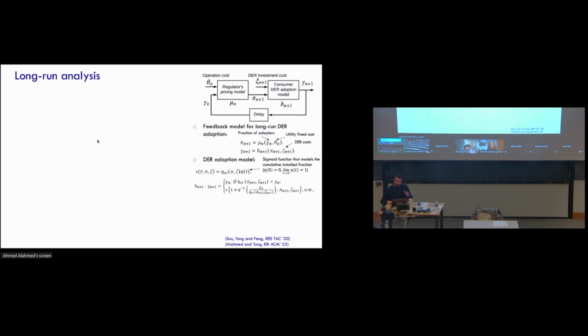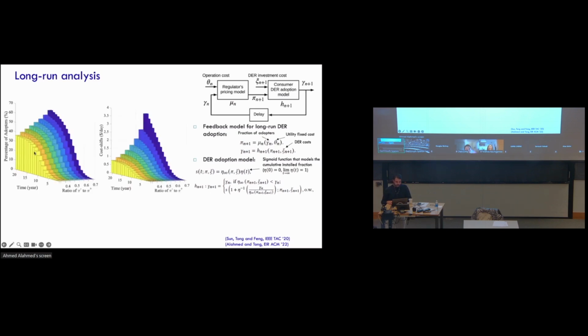So all of what I showed in the previous 2 slides is a short-run analysis. We consider that the tariff is basically exogenous. But in the long-run analysis, we incorporate the solar adoption rates and the solar costs as endogenous variables.